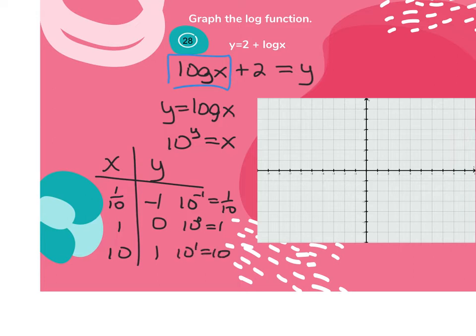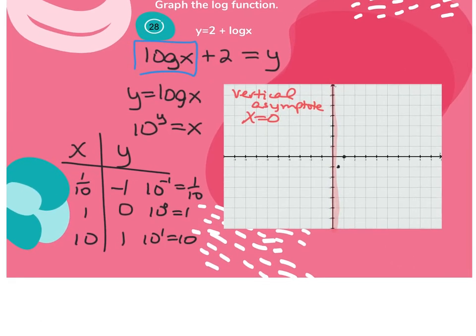So I can go ahead and graph my asymptote, which is the y-axis again, of x equals 0. So it's the vertical asymptote. I can graph these 3 points way over here.